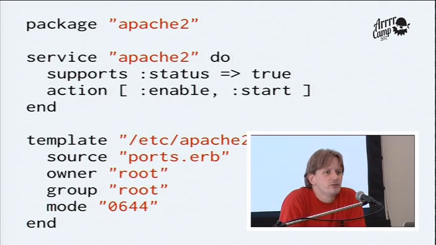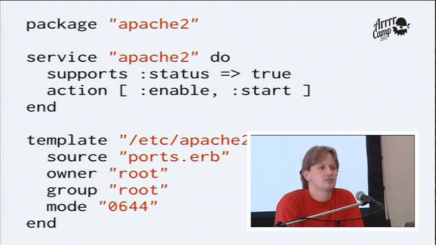This is actually an example of a recipe. This will be the example I will be basing all my tests on later on in the talk. So what does this say? It will install a package called apache2. If you run this on a Debian or an Ubuntu machine, it will do apt-get install; if it's a CentOS machine, it will do yum and all the needed features to get the package on the system.